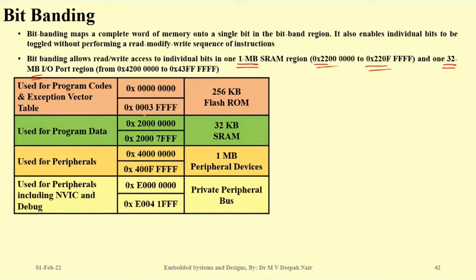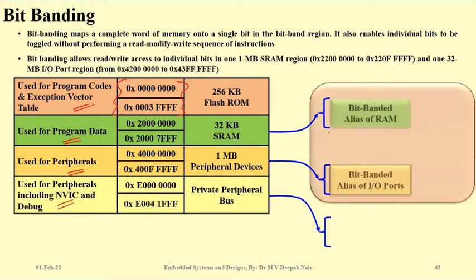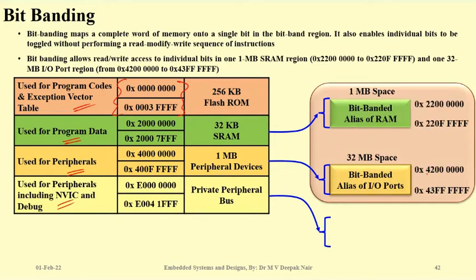Generally, we have four regions: user program code, program data, which means RAM, and peripherals like GPIO, ADC, DAC, timer, and of course the interrupts. So these are the memory ranges which are mapped from one memory to another, and we discussed in the previous lecture that 1 MB of memory space is mapped to 32 MB of space.